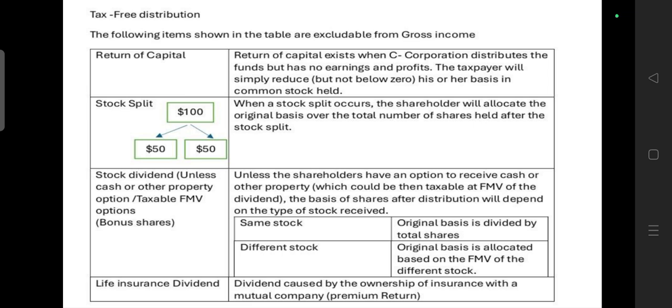Stock split. What is a stock split? A 100 rupees larger denomination share now turns into smaller denomination shares. For example, I had invested in 1,000 shares with a $100 value. My basis, my value, will be now $1 lakh. What will be my revised basis?